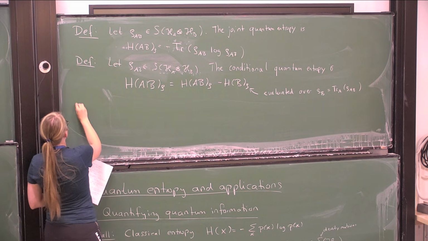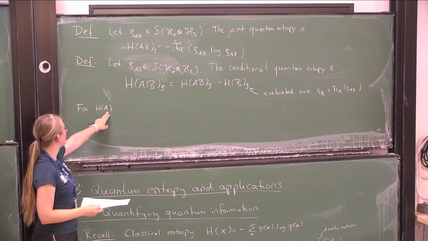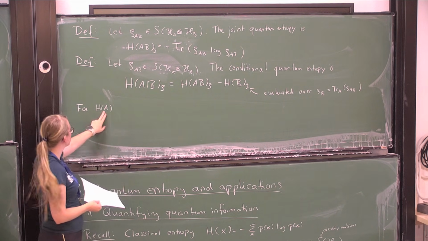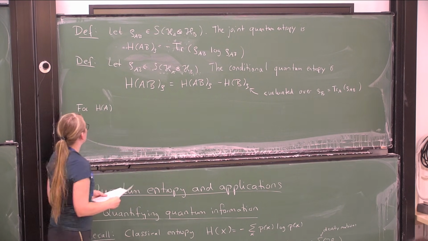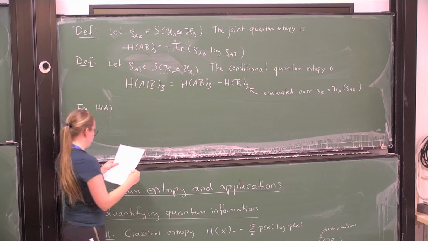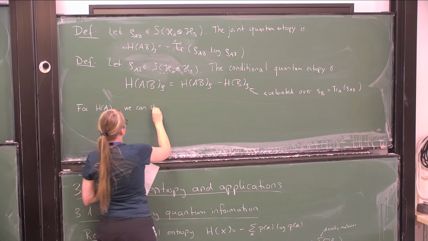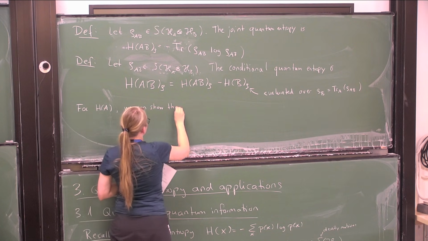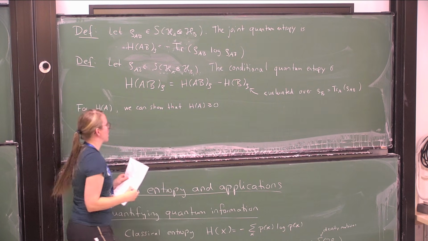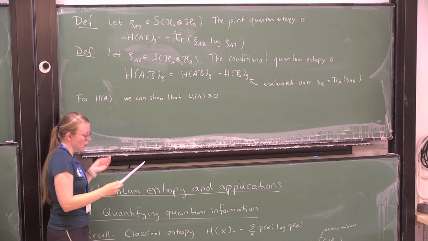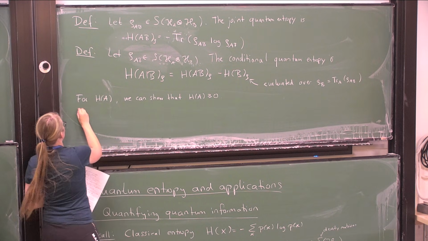For the standard von Neumann entropy, no matter how many systems I put in there, I can show that this entropy is always non-negative. We can also show that for separable states, the conditional entropy is always positive.